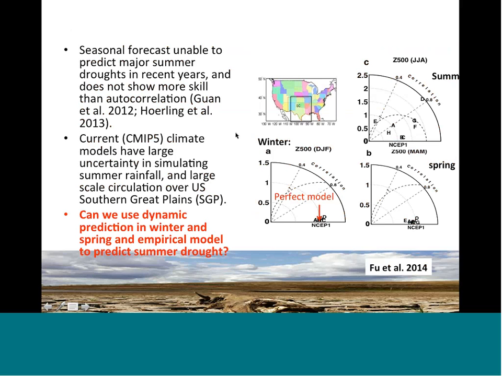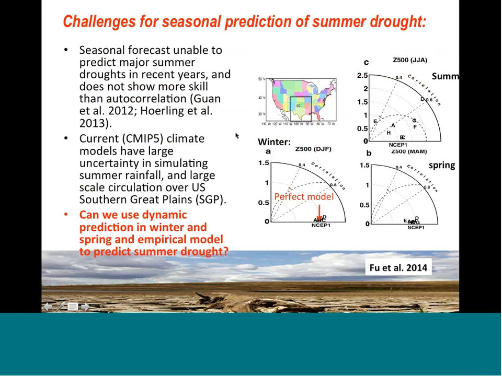The reason we would like to explore early warning of summer drought using spring conditions is because the climate model has pretty good skill in predicting winter and spring circulation, but has larger uncertainty in predicting summer circulation. As shown here, even when you look at the 500 hectopascal geopotential height, you see large discrepancy between model and observation. This is for CMIP5.